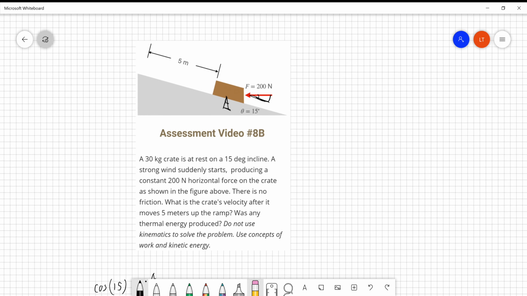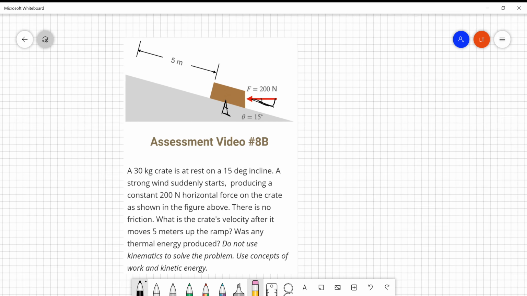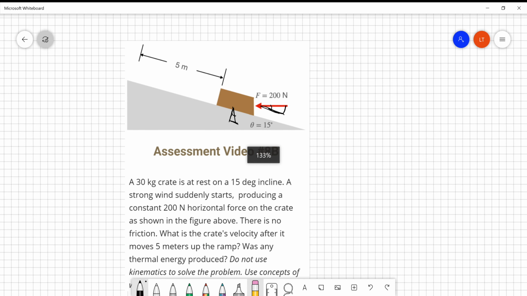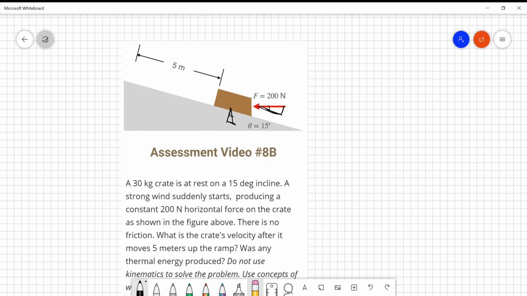But this isn't quite enough because gravity exists. So now we need to find the force of gravity that is pushing backwards against the force of the wind. Same, we have to make a triangle. And so we see here that this hypotenuse right there is the force of gravity, mg, and these two components are its components.